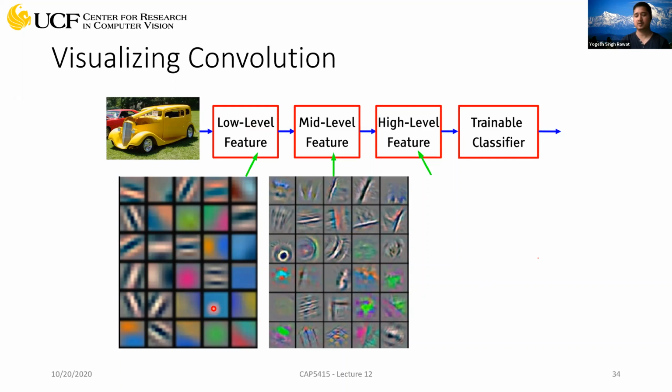This was not possible when you're trying to extract handcrafted features, because you would never know from where to extract color or which color to extract. For example, in this particular image, this green patch is not relevant for car classification, right? Because a car could be present in a grassy field, on roads, or over sand, anywhere. So this is not important.